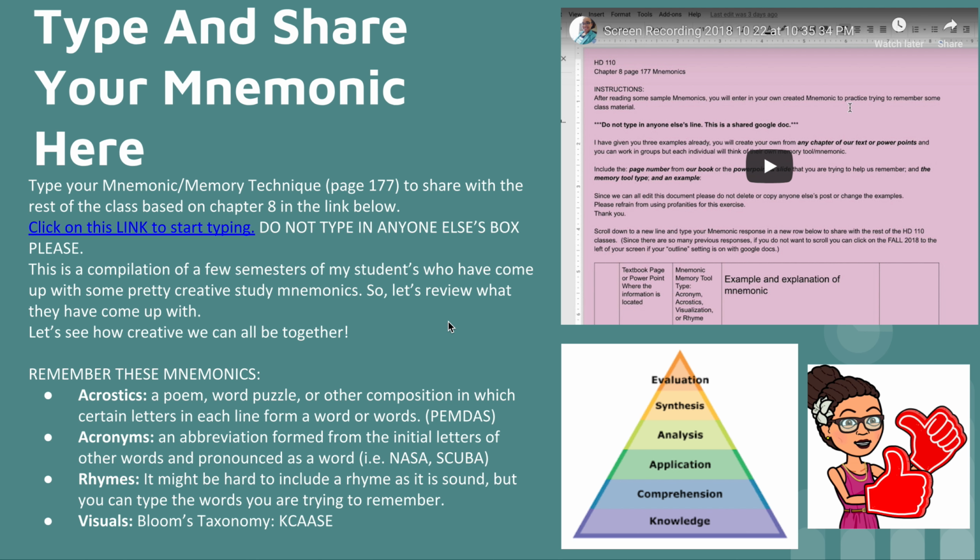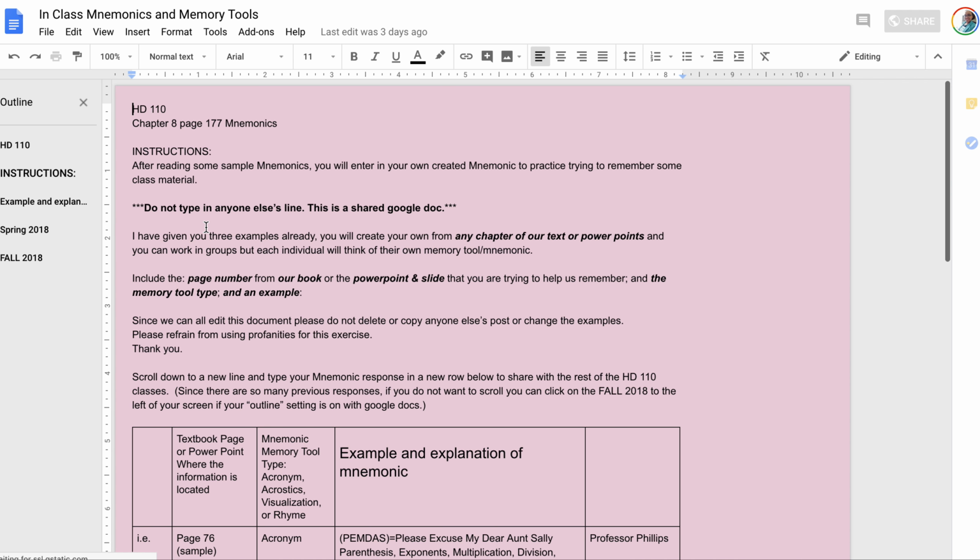So what you're going to do is click on the blue link, and it should take you to our shared doc. This is what it should look like, and again this is chapter 8 of this textbook, edition 13. You're going to read some samples, and you're again not going to type in anybody else's line, because this is a shared Google Doc.